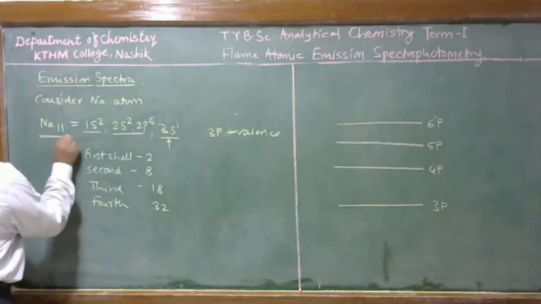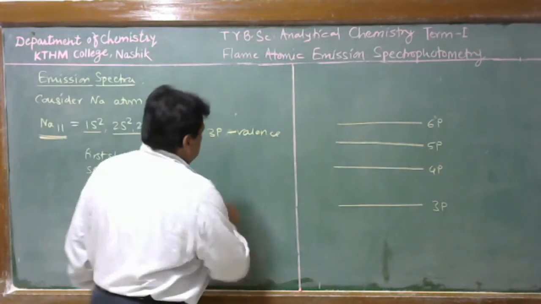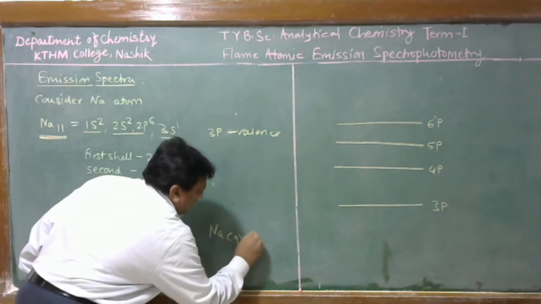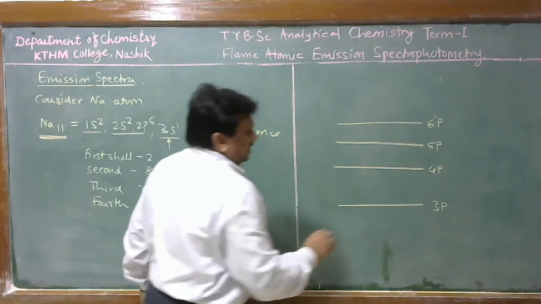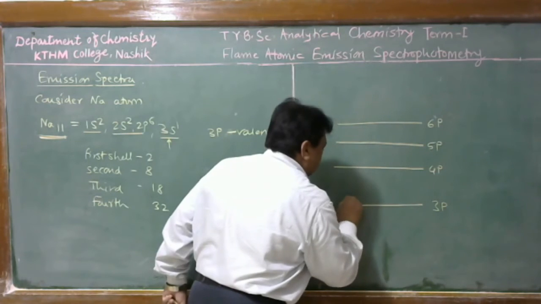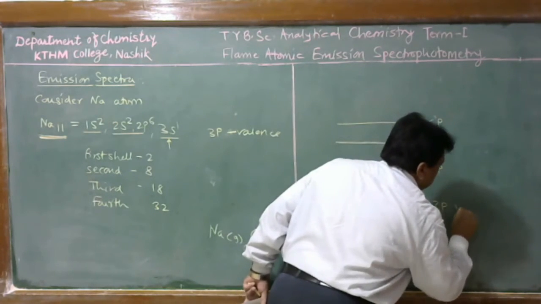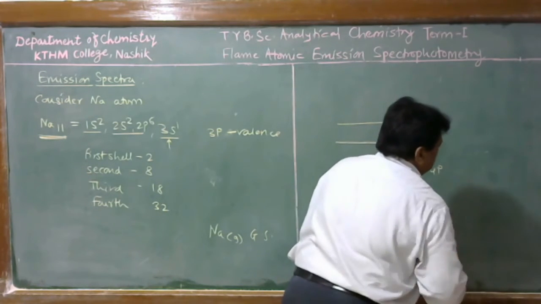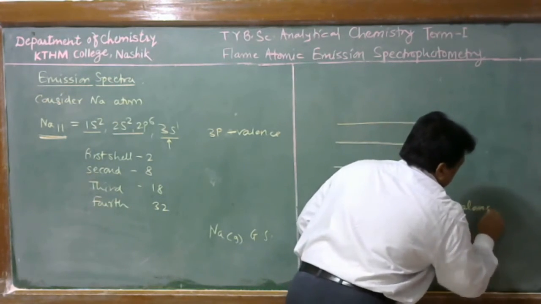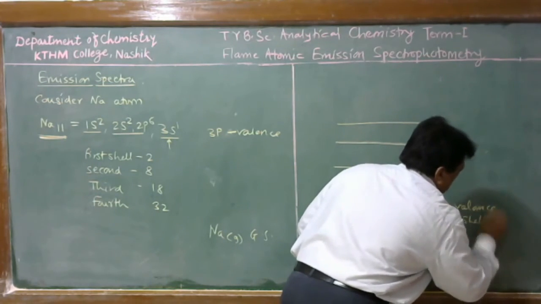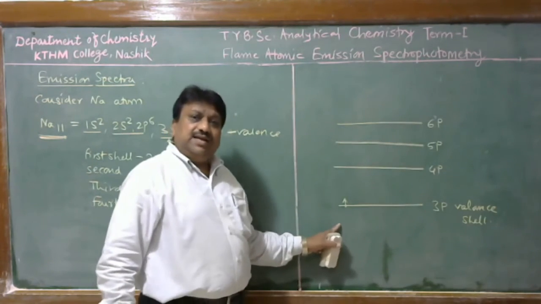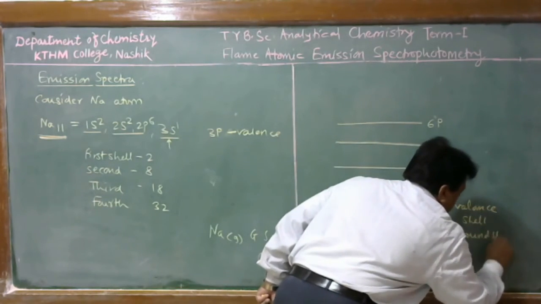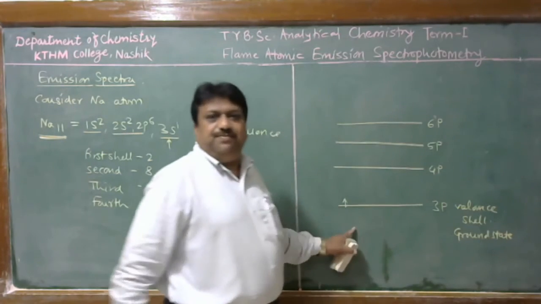Initially when sodium is in the gaseous state and in the ground state level, the electron is present in this 3s, that is the valence shell, or it is called the ground state level. This is the ground state level of the gaseous sodium.